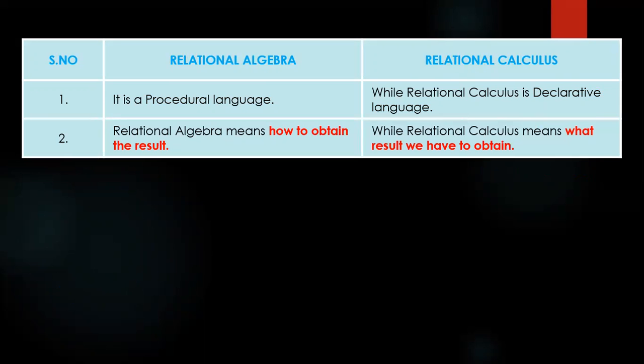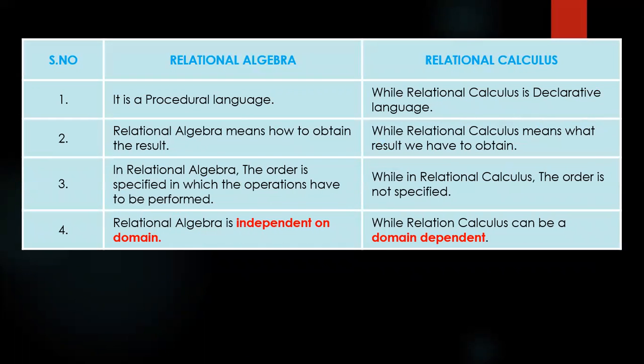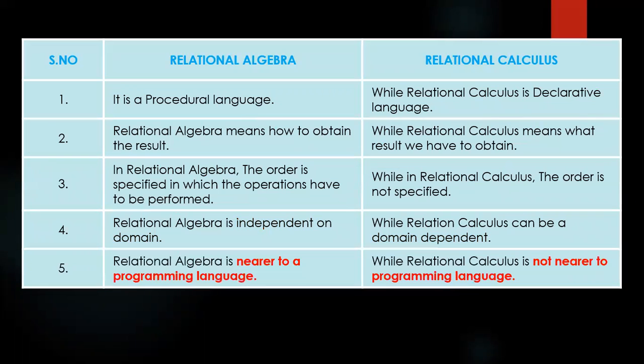Now let's see some differences between relational algebra and relational calculus. Relational algebra is a procedural language, but relational calculus is a declarative language. Relational algebra helps us know how to obtain the result, but calculus just tells what we have to obtain, not how. Hence in relational algebra the order is specified, while in relational calculus it is not. Relational algebra is independent of domain, but relational calculus depends completely on the domain.